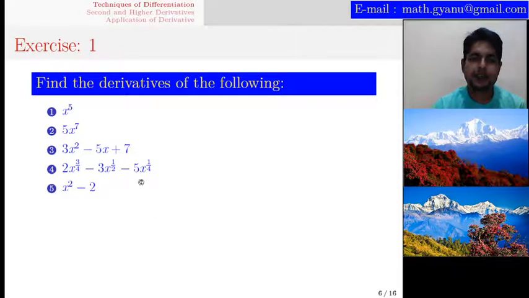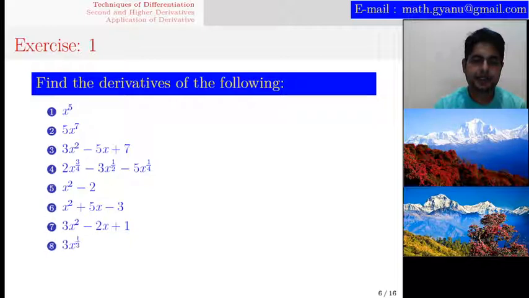In the first two questions you will use simply the power rule. In the third and fourth questions you will use the sum rule and power rule. Question 5 also uses the sum rule and power rule, and questions 6 and 7 are in the same manner. Question 8 only requires the power rule. For question 9, first of all you will make it easier.